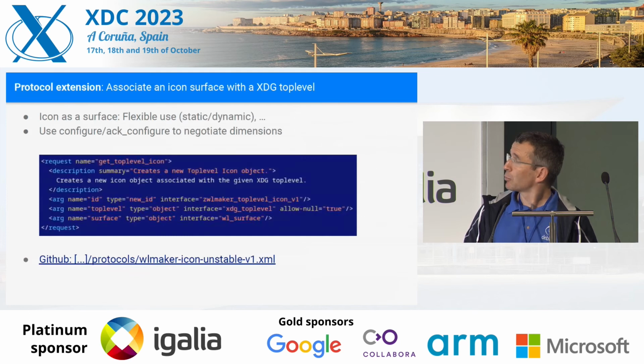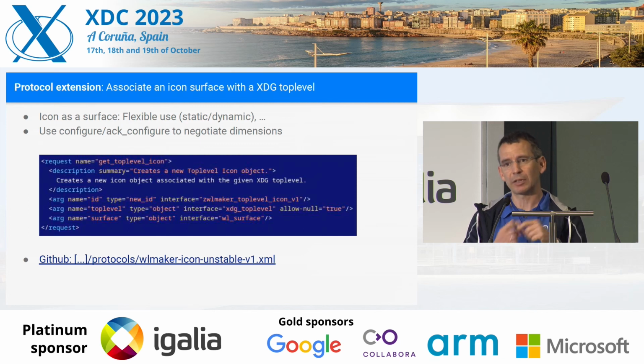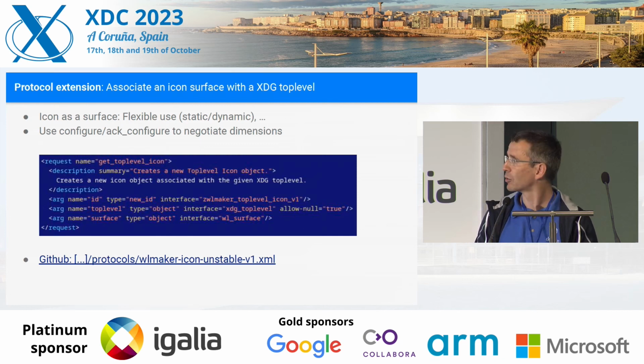What I'm proposing, and hacking around with, is a Wayland protocol extension that permits applications to declare a surface as an icon, and then compositors can pick that up and display it in the appropriate space. So again we have a way for applications to define an icon, and not just as a static image, but as a surface that can be shown.